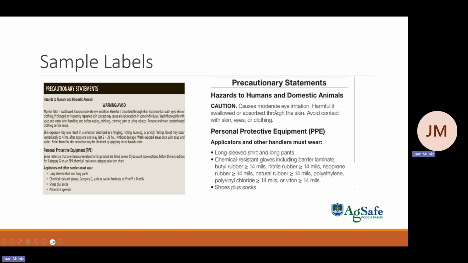Caution, it says causes moderate eye irritation, harmful if swallowed or absorbed through the skin, avoid contact with skin, eyes, or clothing. So there's some of the hazards to humans and animals.